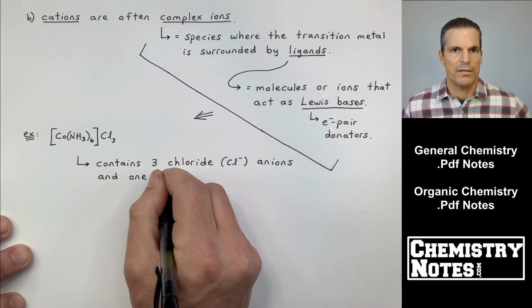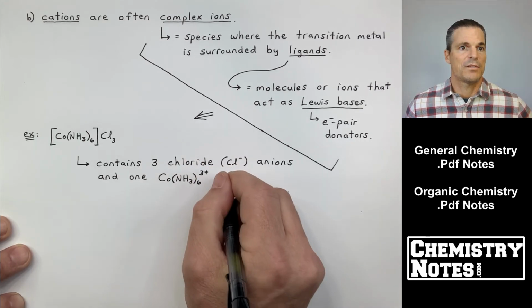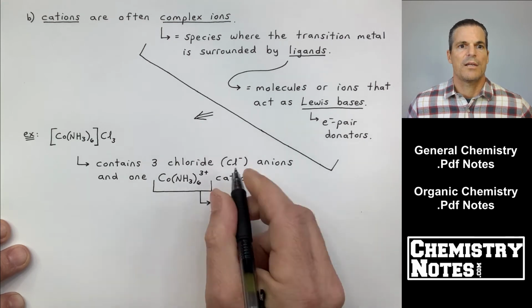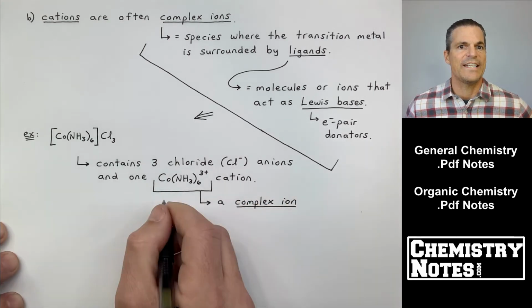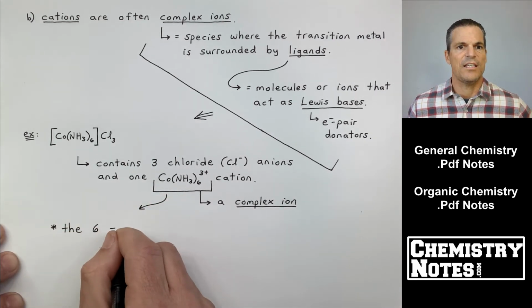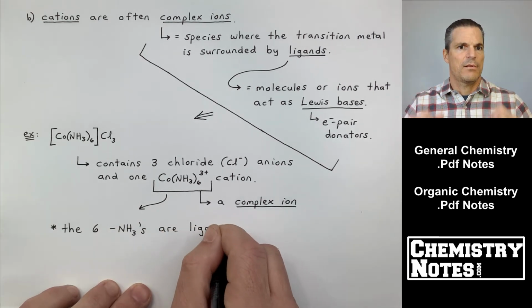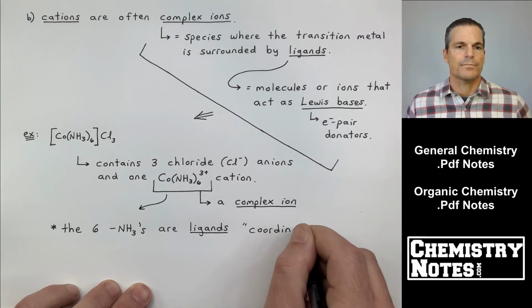We'll talk all about the structure and the way this is written, but for right now, the entire thing is referred to as a coordination compound. The one that we see there contains 3 chloride anions and just one Co(NH3)6 3+ cation. That chunk of cation is a complex ion.